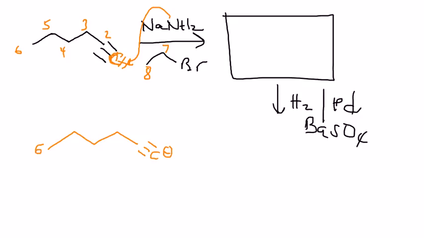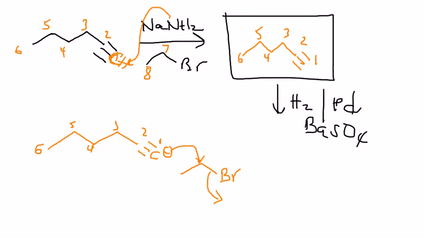And that is then going to add to your carbocation and substitute that bromine. And you will end up with the triple bond still. So 1, 2, 3, 4, 5, and 6. And I'm supposed to be adding 2 carbons, 7 and 8.